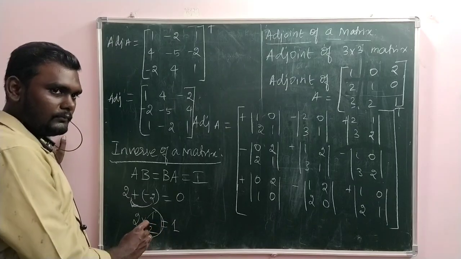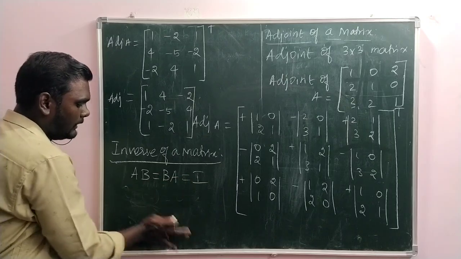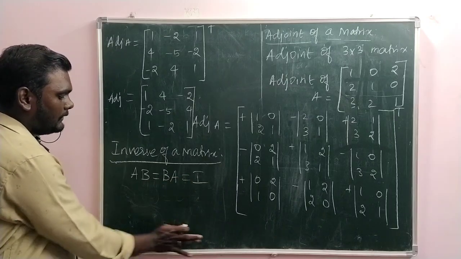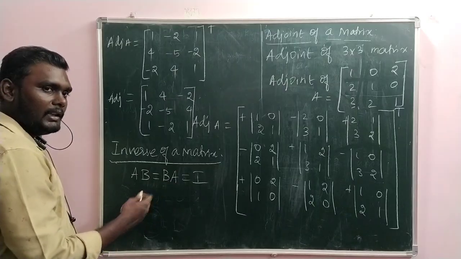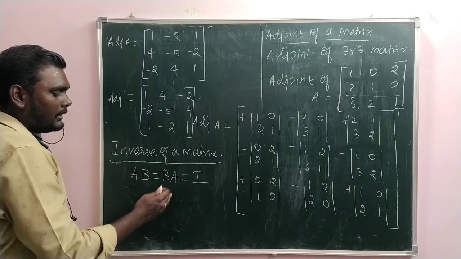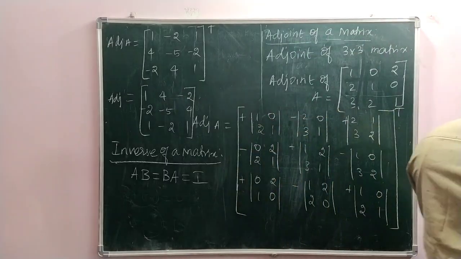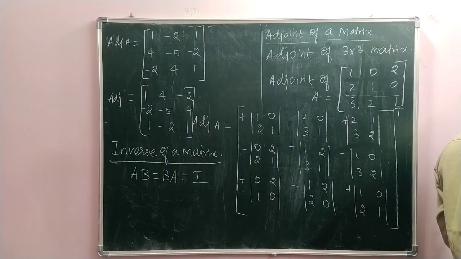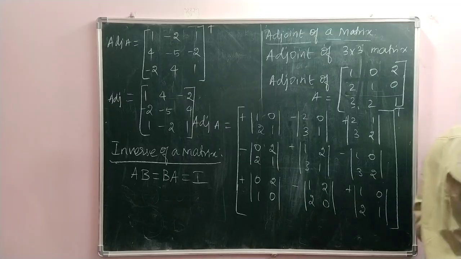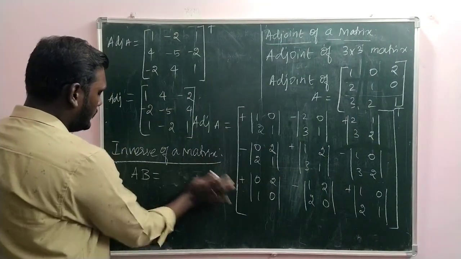Yes, 1 by 2 is the inverse of 2, and 2 is the inverse of 1 by 2. The same way in matrices also, there will be one matrix such that while multiplying, whether we pre-multiply or post-multiply, either way we get the identity matrix. We call such a matrix the inverse of a matrix. Sorry, it is not just AB; it should be AB equal to BA, my fault.